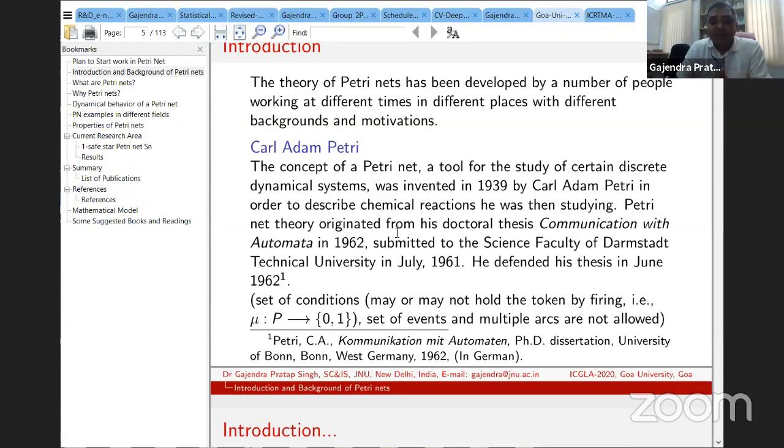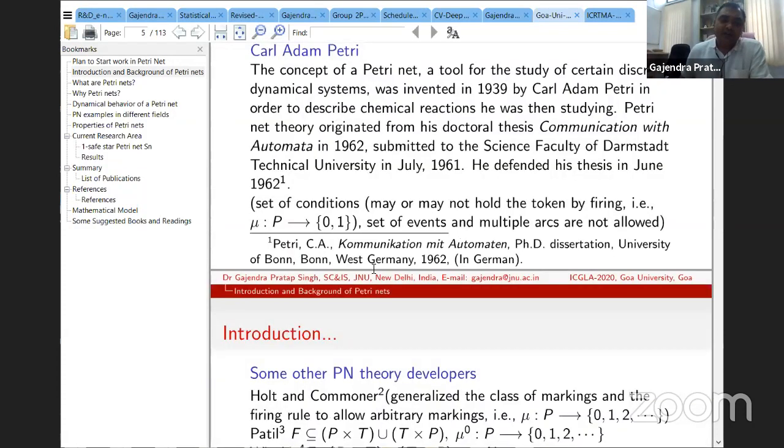Officially, the concept came in 1962, when Professor Carl Adam Petri submitted his thesis on communication with automata to the Darmstadt University in 1961 and defended his viva in 1962. Originally, he defined a Petri net by whether an arc is there between two different types of nodes or not. If it's there, the value is 1, otherwise the value is 0.